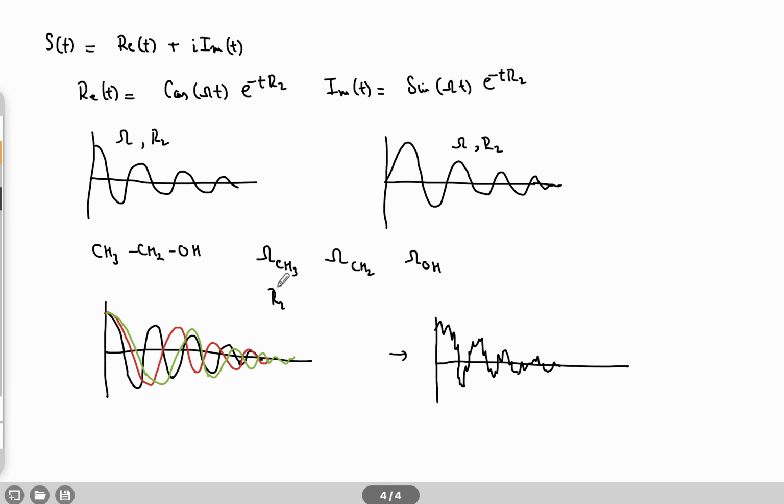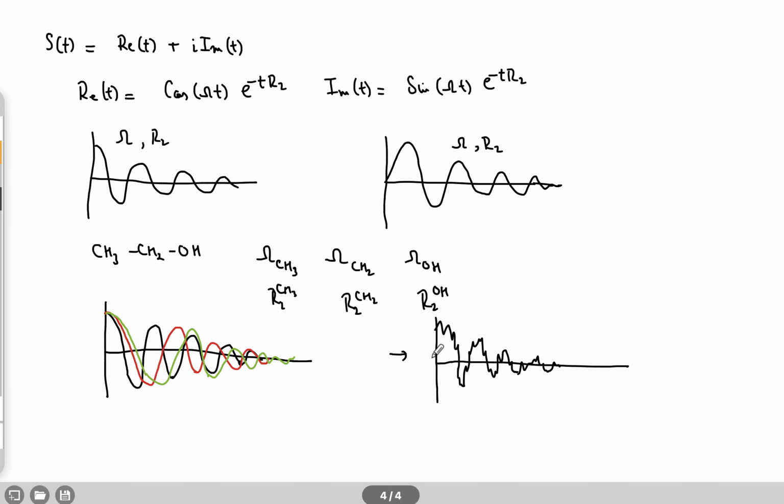So R2 CH3, R2 CH2. It may or may not be different, but the offsets will definitely be different for each. Okay, offsets can also have accidental overlap, so it can also be similar. But the idea is, if you have three different protons, it can have three different frequencies and three different R2 values, giving you a crappy looking FID, right?